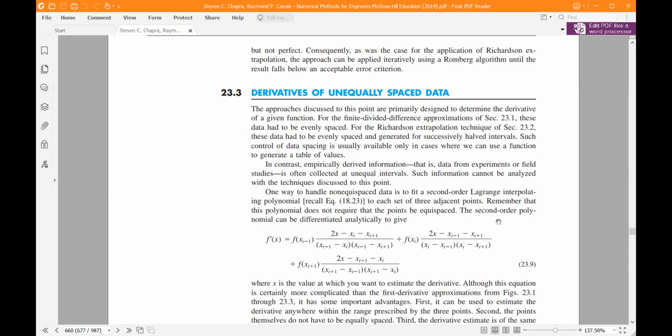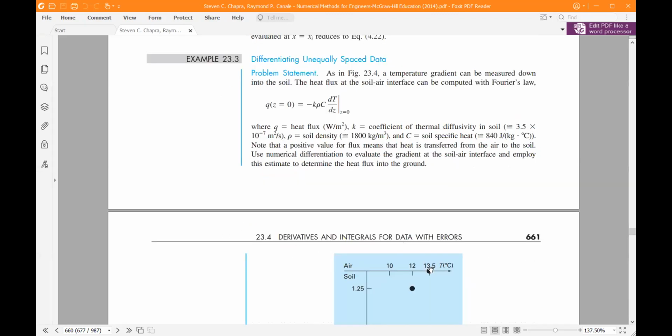So in this way, we can make the calculation using Lagrange's polynomial if your data is not equally spaced. This is explained with an example. Here, the measurement of temperature is done beneath the soil, and some equations calculate, for example, the heat flux.